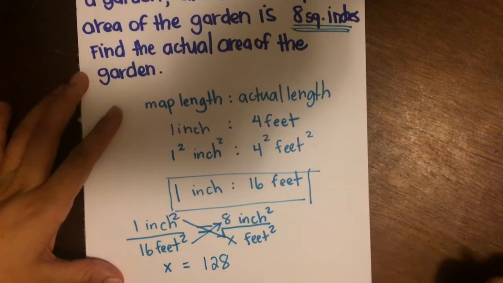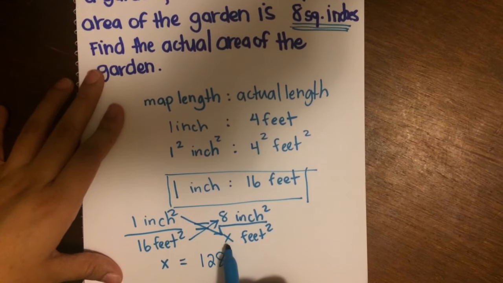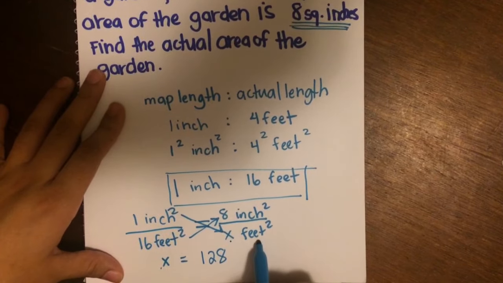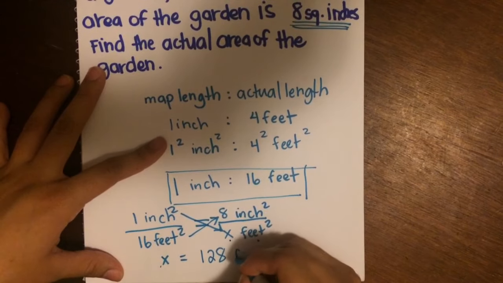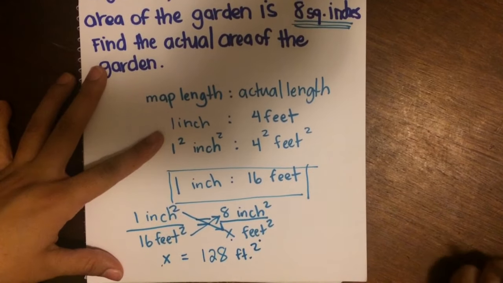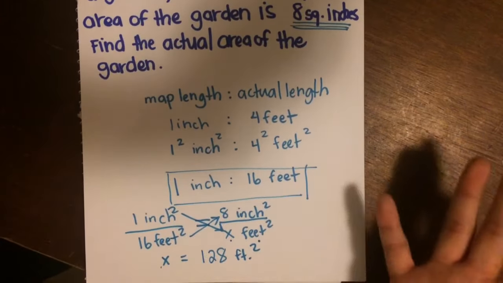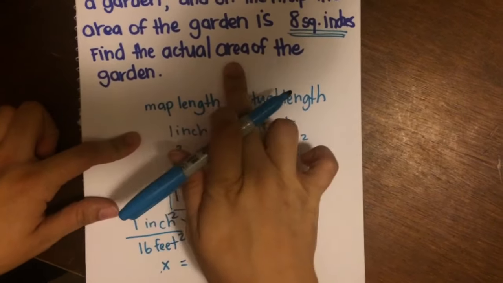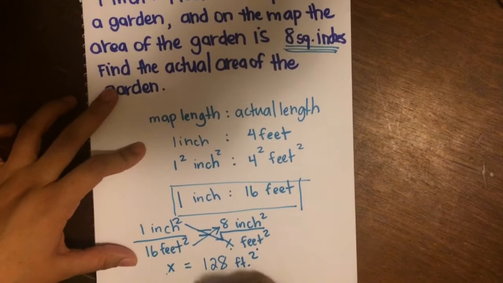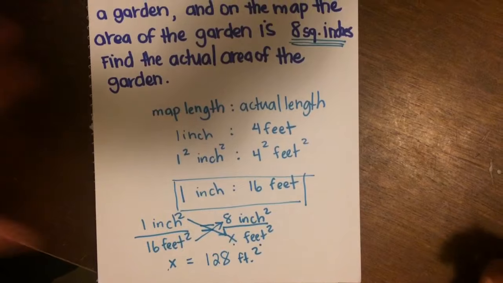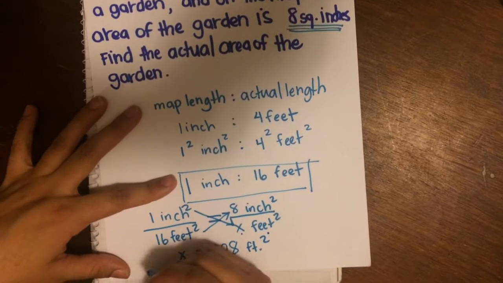All right. If I go back, I know that x represented feet squared, so that's what I'm going to add here, feet squared. When I put this all together, what I want to say is the actual area of the garden is 128 square feet. So that's my final answer.